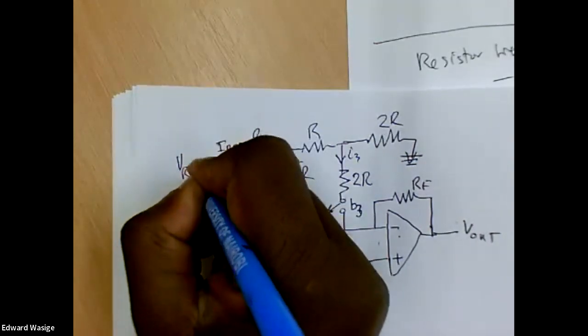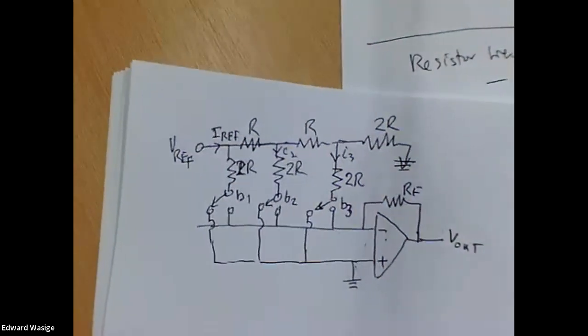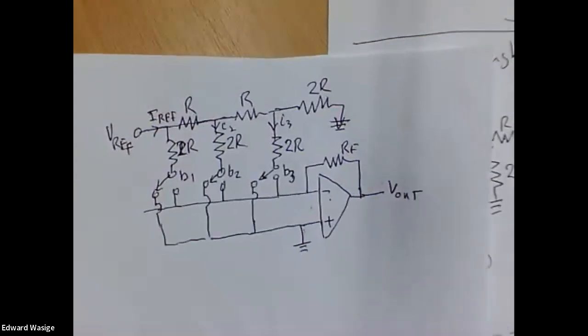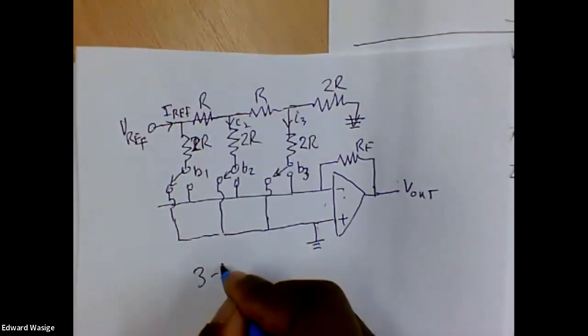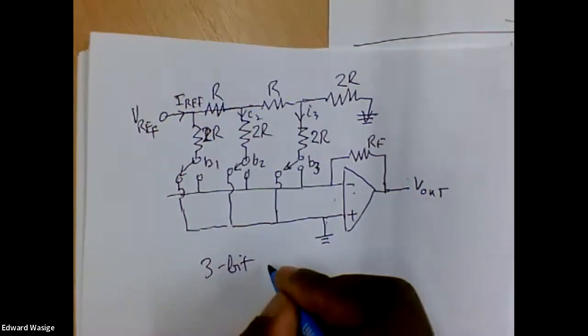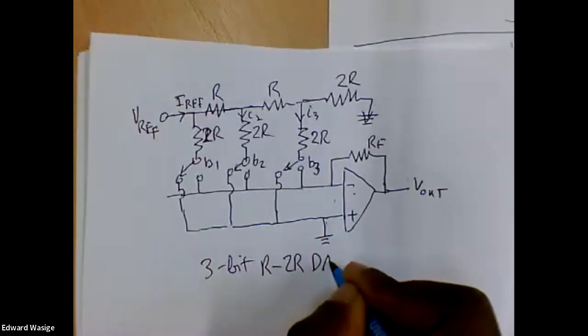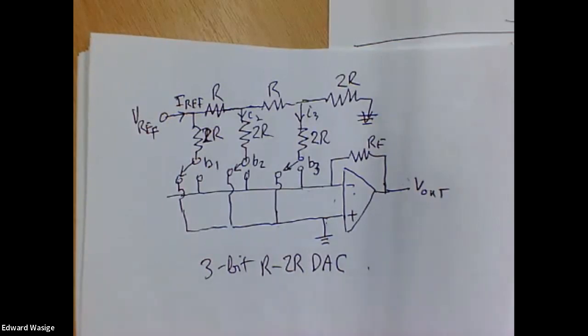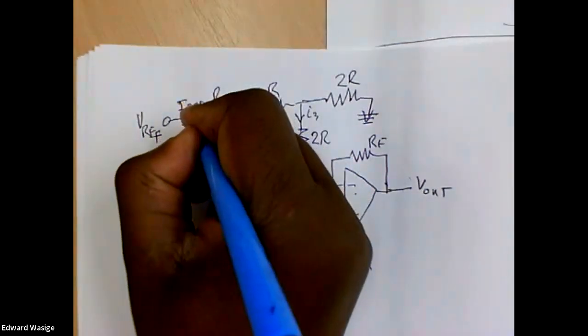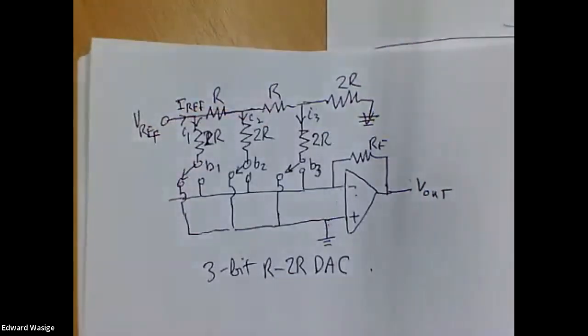At that point, we can call it VREF. So there you have it. This is your 3-bit R to 2R weighted resistor DAC.